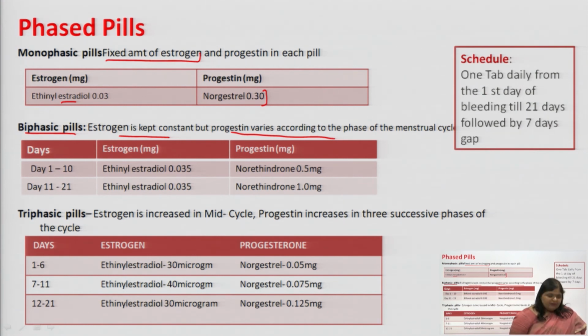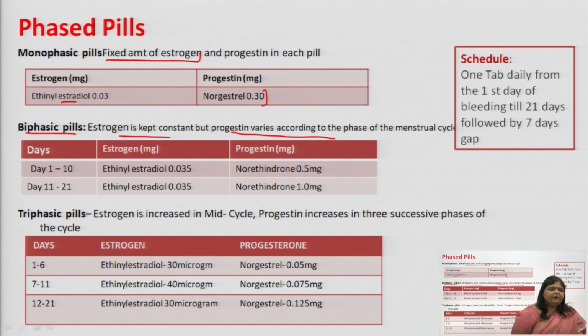From 7 to 11 days we take ethinyl estradiol 40 micrograms और progesterone को फिर increase कर दिया हमने 0.075 milligram. फिर 12 to 21 days पे we increase it to 30 micrograms, and progesterone increased to 0.125 milligram.